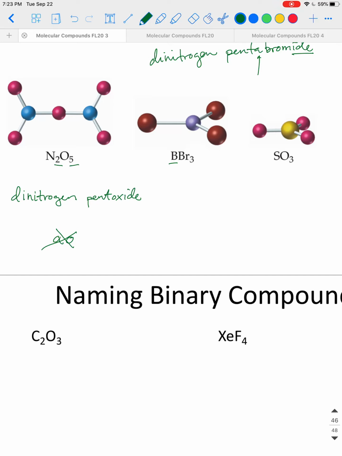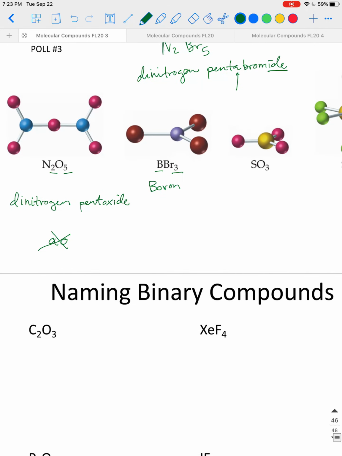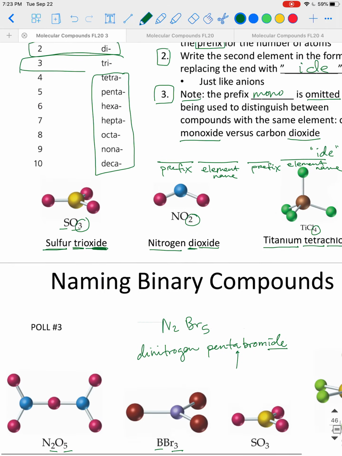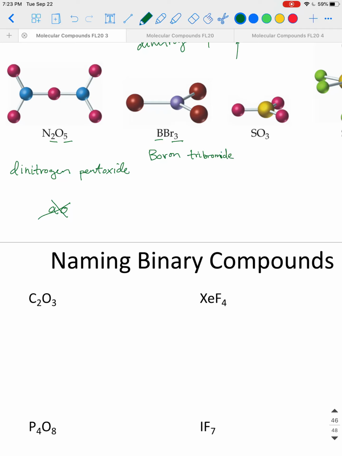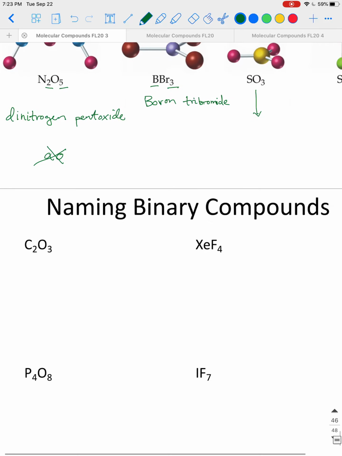But remember, we do not write mono. We omit it most of the time. So it'll be boron. And then we have 3 of the bromine atoms, so bromide. What's the prefix for 3? It is tri. So boron tribromide. Sorry, there's an I there. Boron tribromide. Let's do SO3.